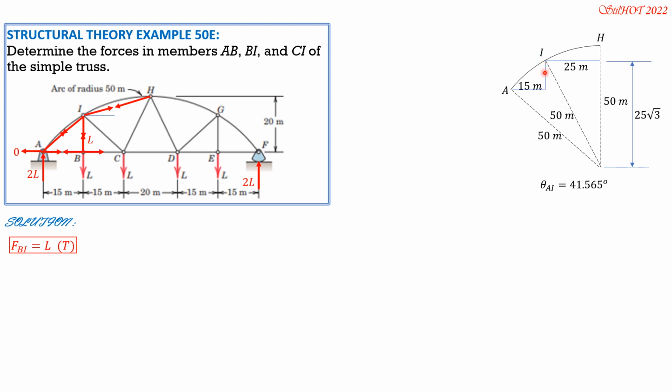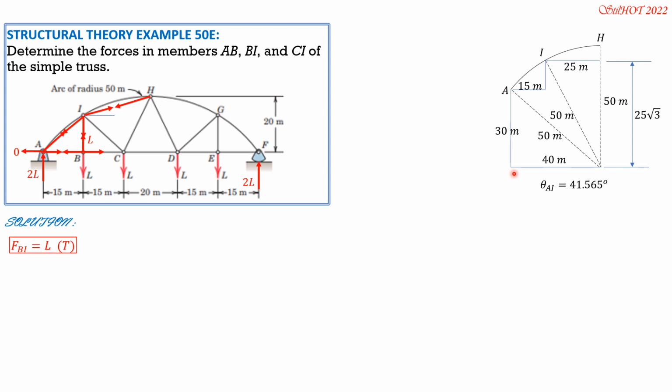Arctan of this distance over 15, where this distance is equal to 25 square root of 3 minus 30, because this is 50 meters. 15 plus 25 is 40 meters. Therefore, this is the square root of 50 squared minus 40 squared.